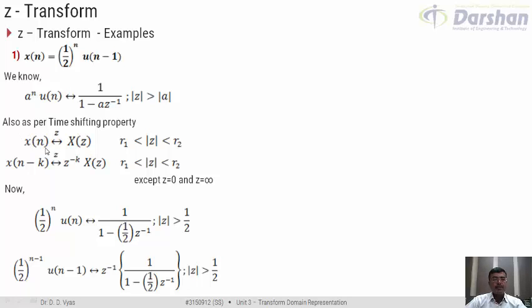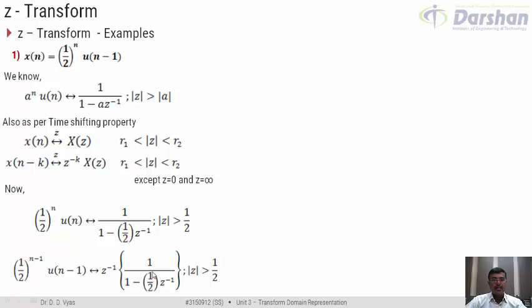So we use the time shifting property, which says that if x of n has Z transform x of z, then x of n minus 1 would have Z transform z raised to power minus 1 x of z. So we write the Z transform of this as z raised to power minus 1 times this term.